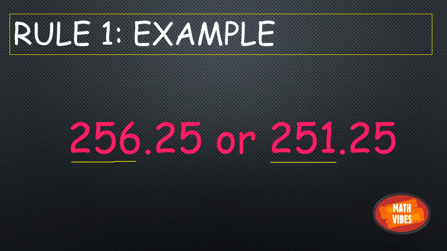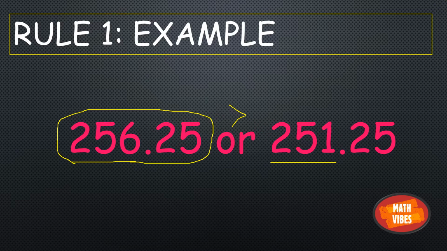Now can you tell me which is bigger? Yes, 256 is always bigger than 251, right? So we will say that 256.25 is greater than 251.25, because its whole part was bigger.